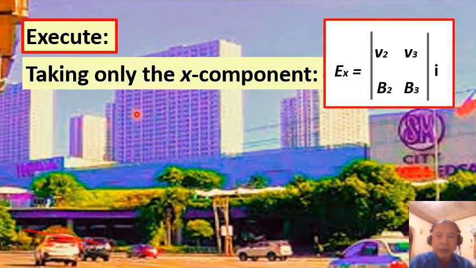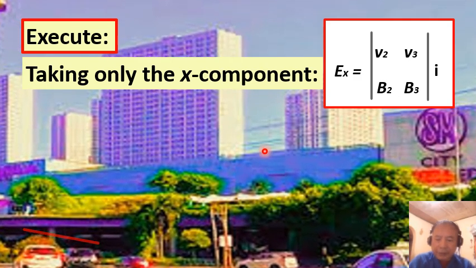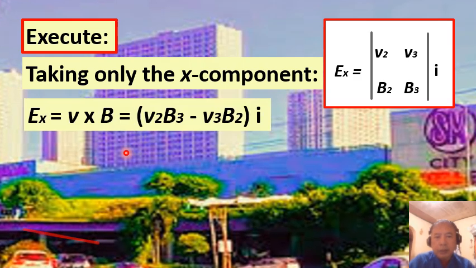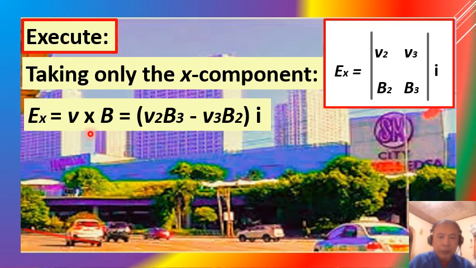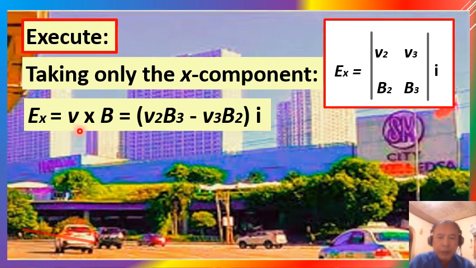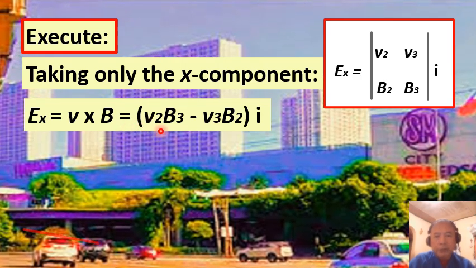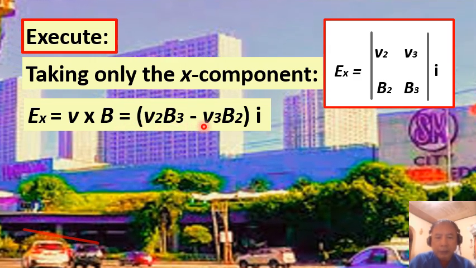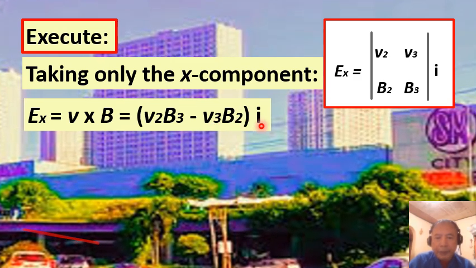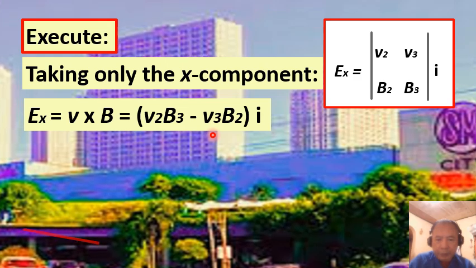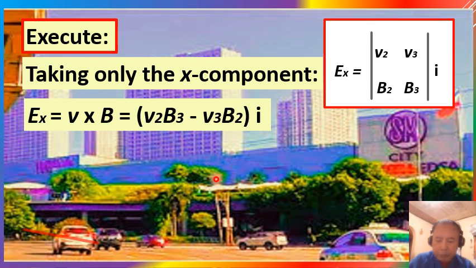Using determinants, we take only the x component of the electric field, that is E sub x, or the vector product of V and capital B, is now equal to quantity V2 B3 minus V3 B2 quantity I, where V3 and B2 is equal to 0.